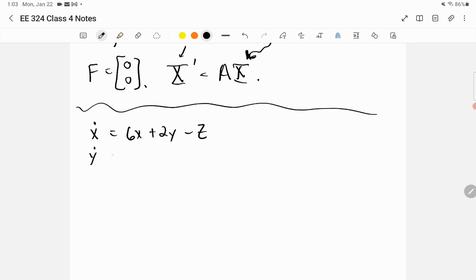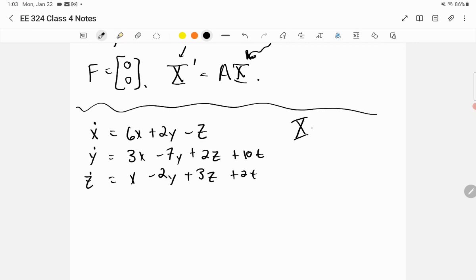And we have y dot is equal to 3x minus 7y plus 2z plus 10t. And z dot is equal to x minus 2y plus 3z plus 2t. Then we can obviously write our x vector as just x, y, z.